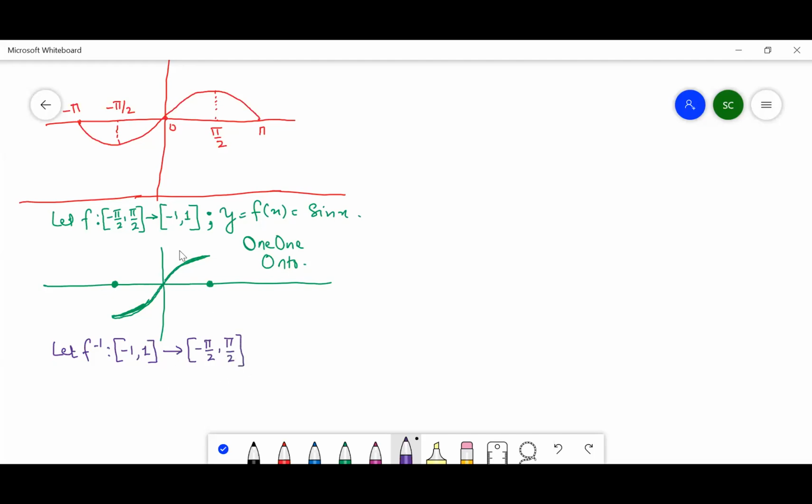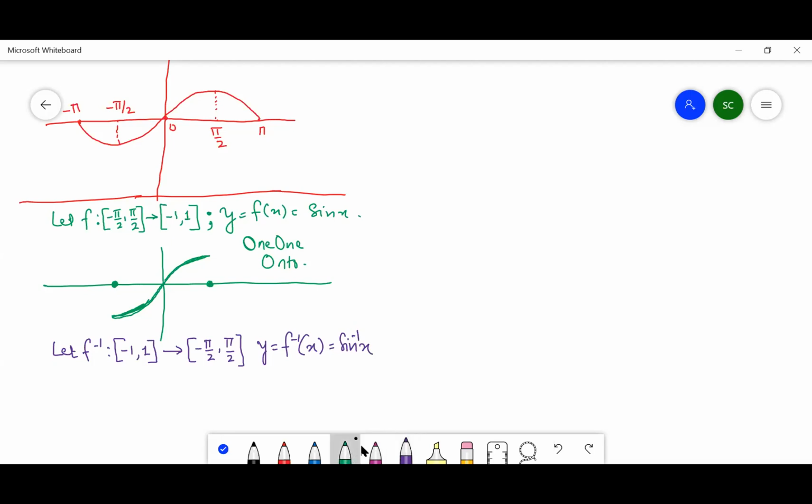Okay, and we have already seen the graph of the inverse function. So y is equal to f inverse of x is equal to sine inverse of x.